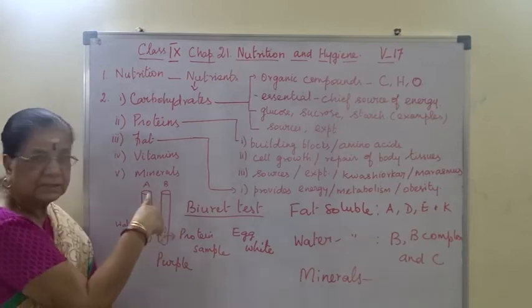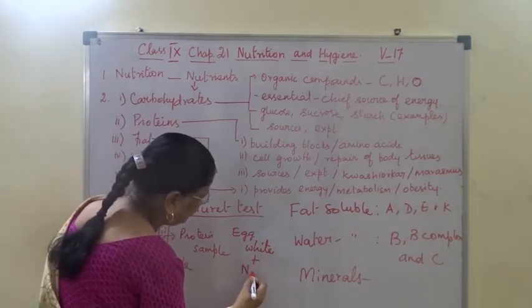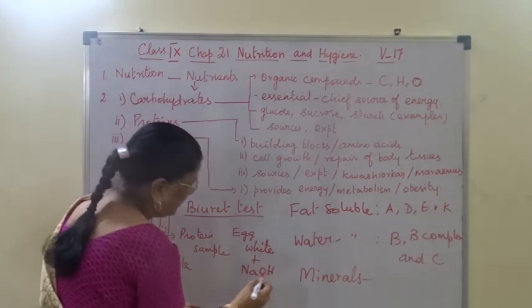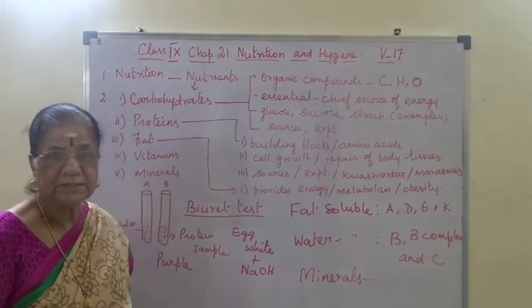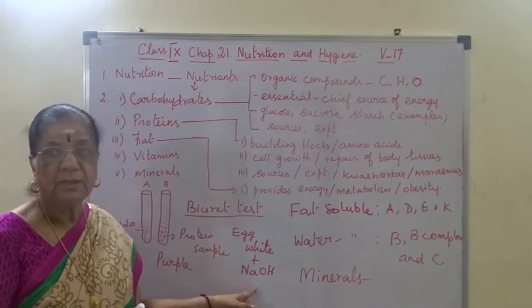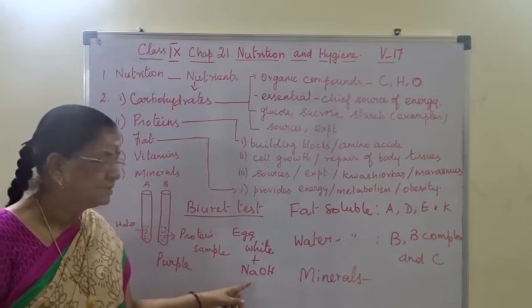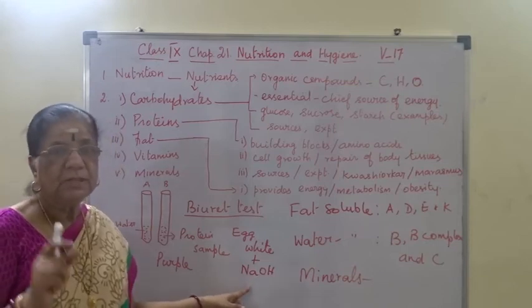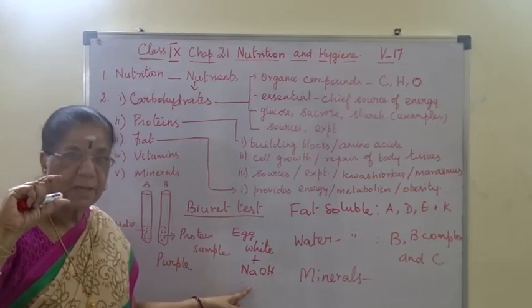That you will take. Now in this egg white, you add sodium hydroxide. Na is the symbol for sodium, I hope you know, and OH is hydroxide. So you add sodium hydroxide solution, also called caustic soda solution, so that you have a clear sample.